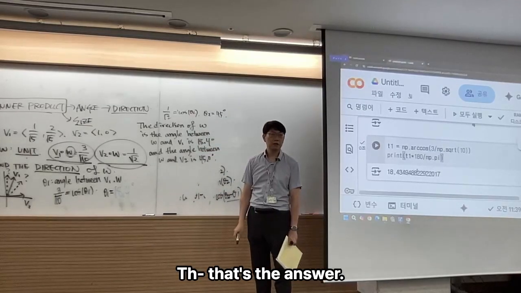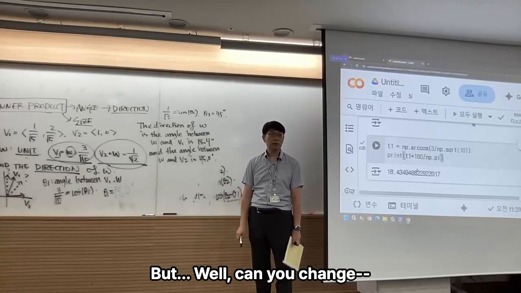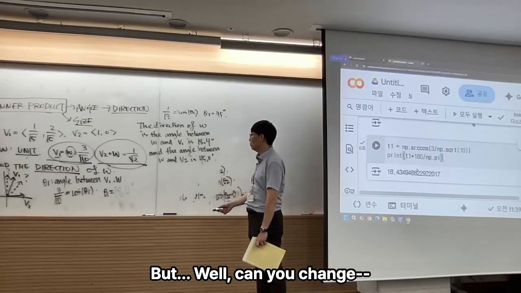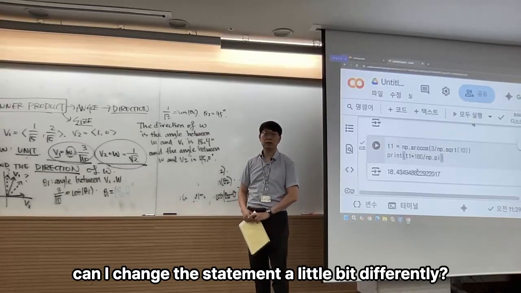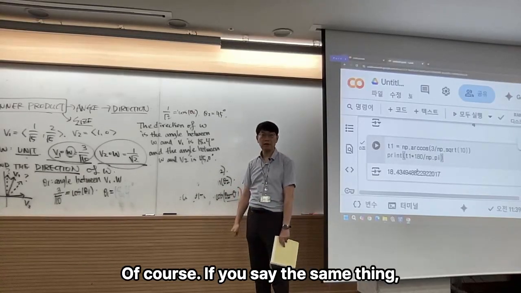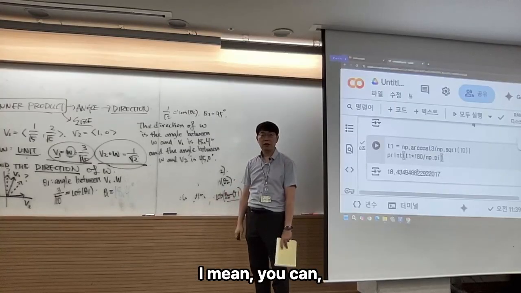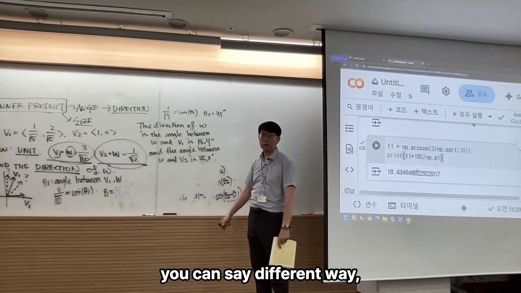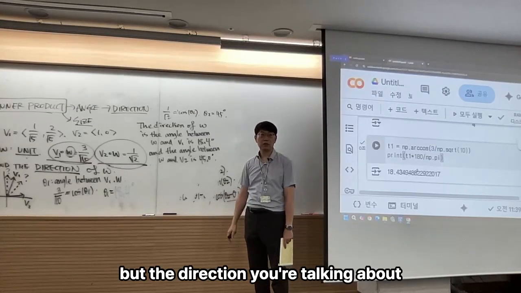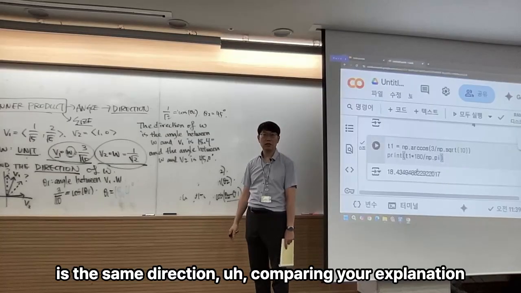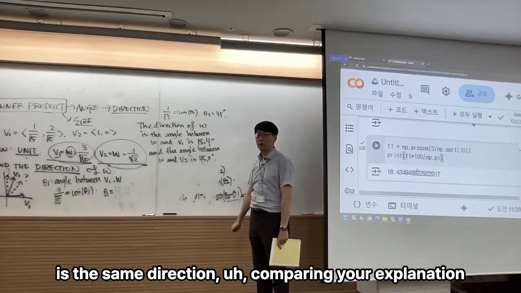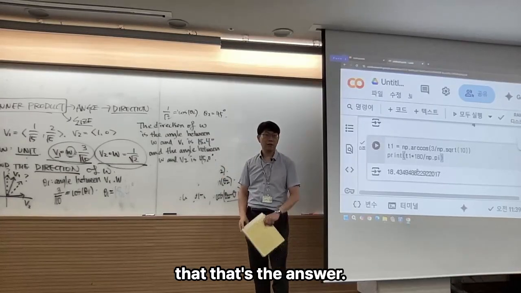That's the answer. But can you change it? Can I change the statement a little bit differently? Of course. You can say the same thing in a totally different way, but the direction you're talking about is the same direction. Comparing your explanation, that's the answer.